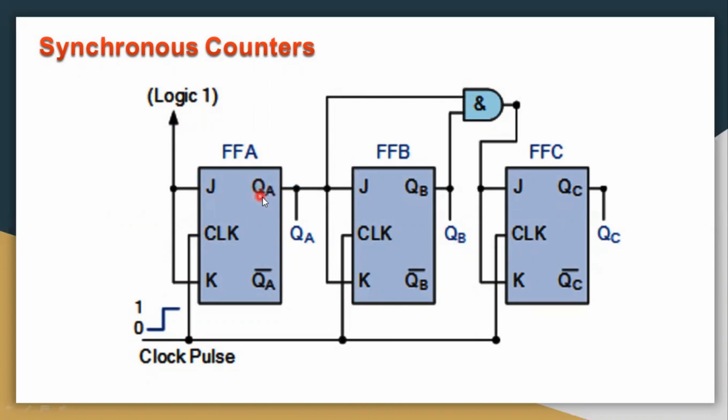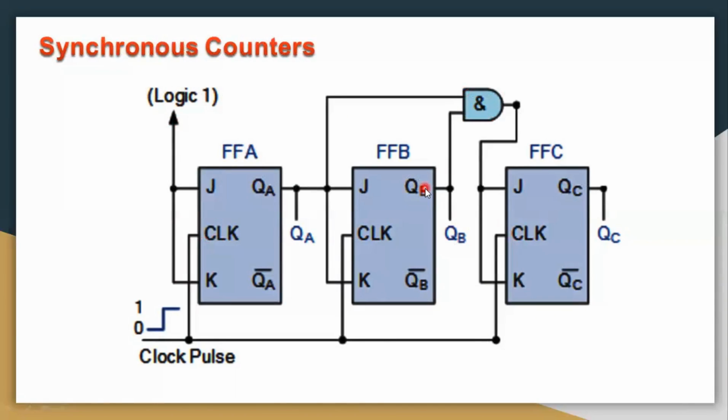The output of the first flip-flop FFA is connected to the inputs J and K of the second flip-flop, and it is also fed to the input of an AND gate.